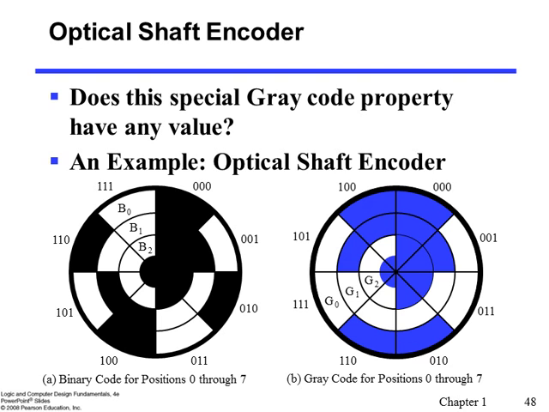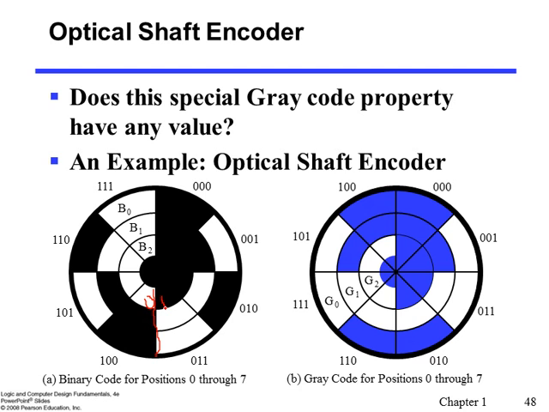We find a very interesting property. Suppose you use simple binary coding, and the optical shaft rotates, and the light source is in between two areas, somewhere here. Then the most significant bit B2 could be either 0 or 1.